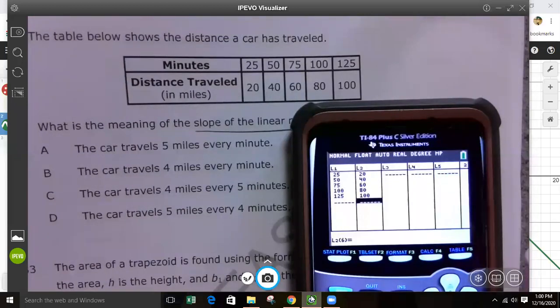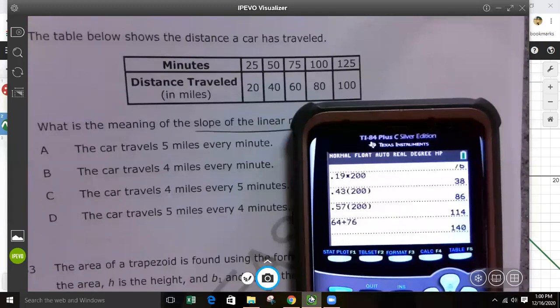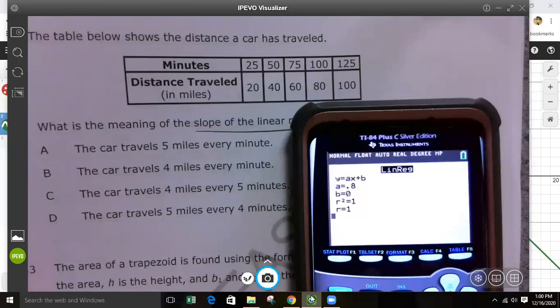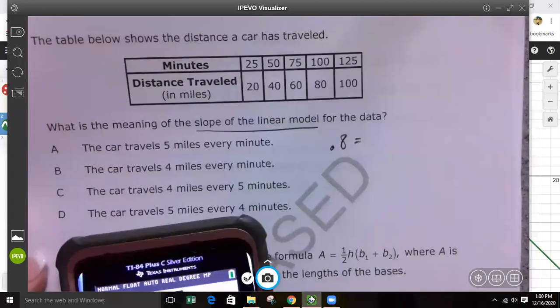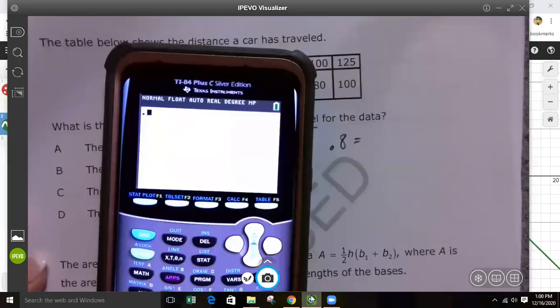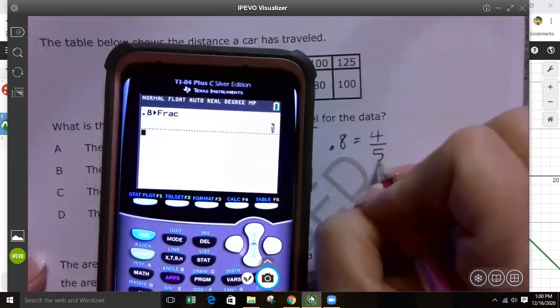Okay. Stat, calc, linear regression. And we get 0.8. Now we don't have anything over here that says 0.8, but if I put 0.8 in my calculator and I do math, enter, it's 4/5.